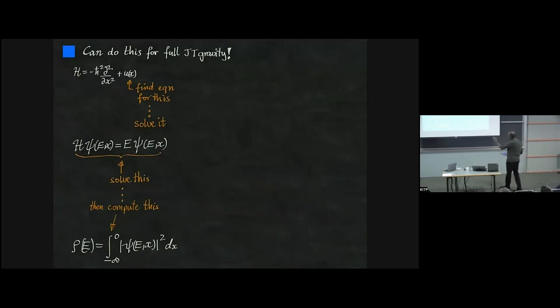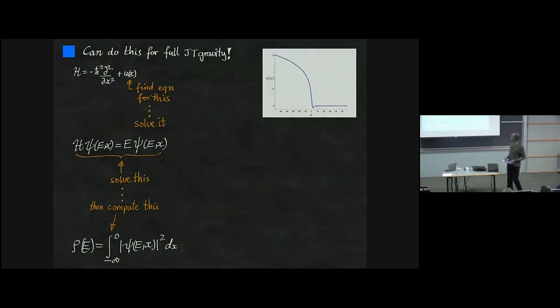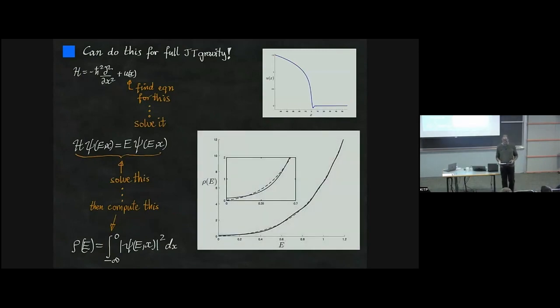Those are the sorts of things I've been able to do for various problems, various JT variant gravities. The potential ends up looking like this, for example. Then you have to solve the spectral problem and compute.